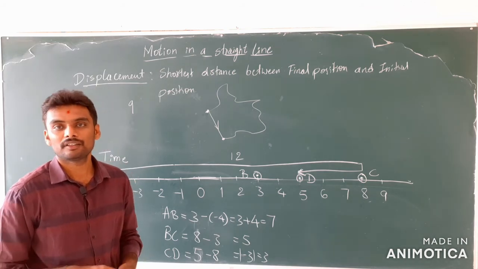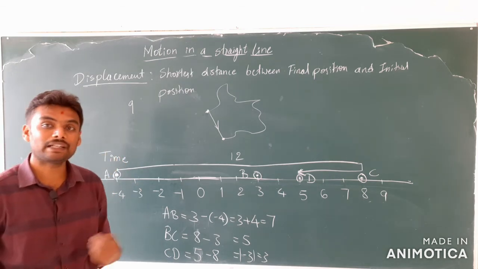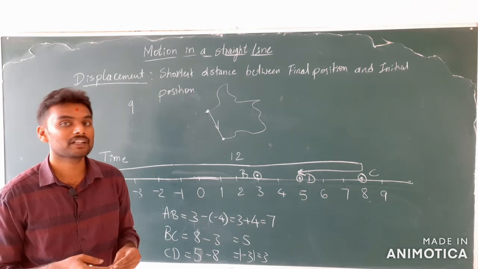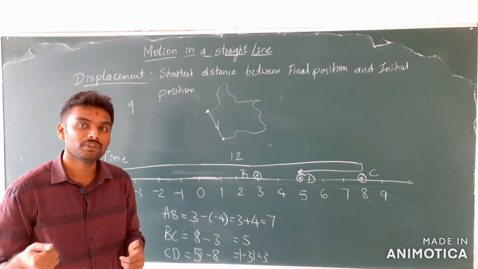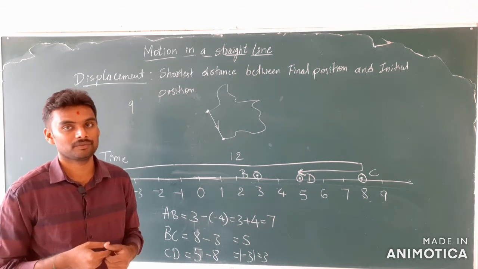And similarly, this one, displacement, is a vector quantity. What is a vector quantity now? A vector quantity is something which has both magnitude and direction.